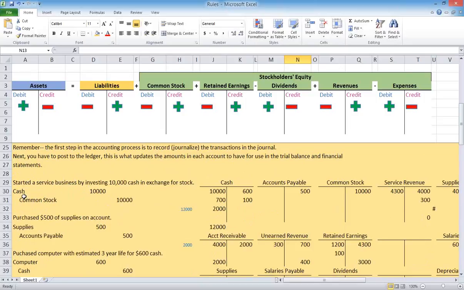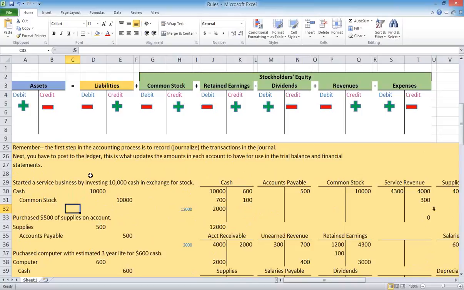decide if you're getting more or less cash. So an example I have here is we started a service business by investing $10,000 cash in exchange for stock. The first thing I need to think about is what accounts are affected.